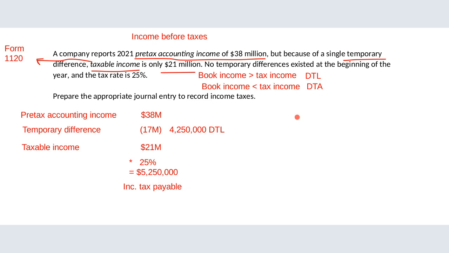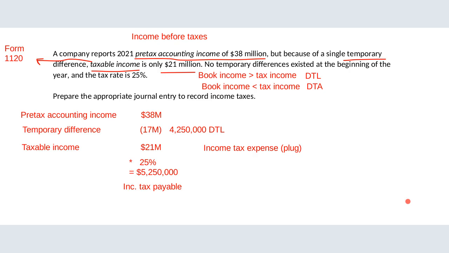So we're going to have a debit to income tax expense, which is a plug figure, okay? And accountants love that word. And so we have our deferred tax liability of, in this case, 4,250,000.